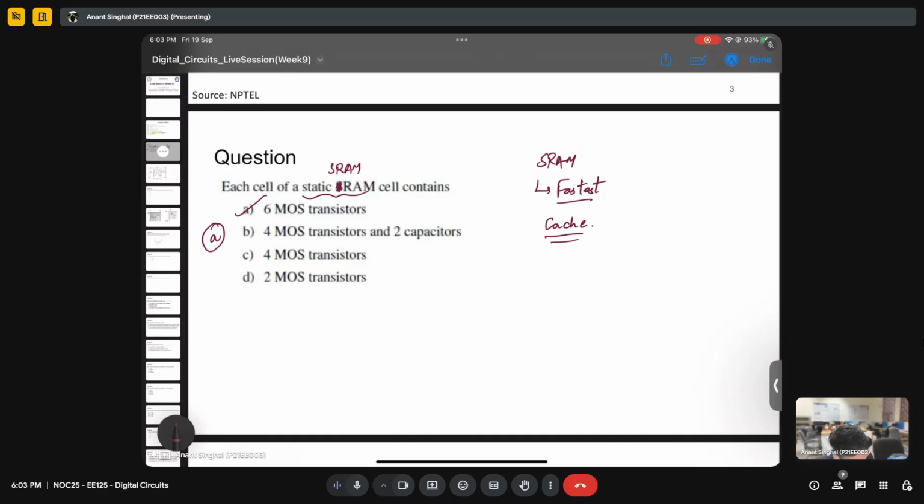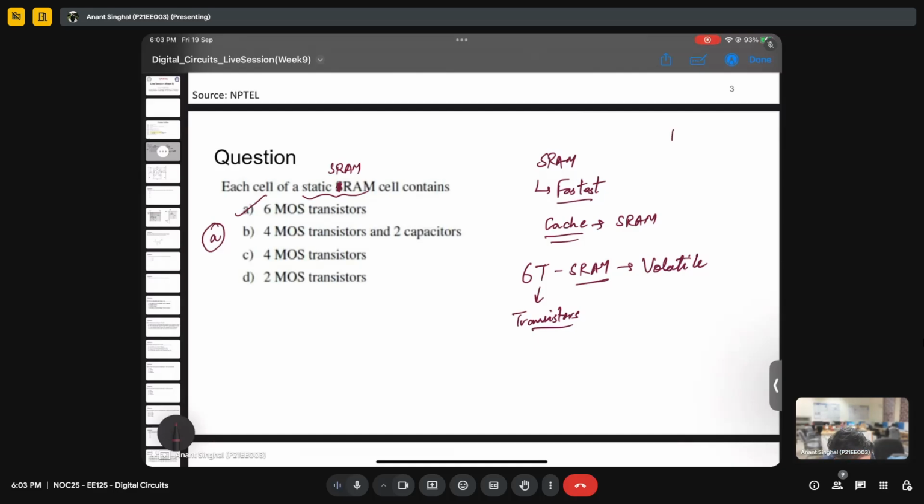This cache memory is made out of SRAM, and it is the fastest. It is also called 6T SRAM, where the 6 denotes the transistors. As the name suggests, RAM is a volatile memory, that is, it is not permanent. It is volatile in nature.